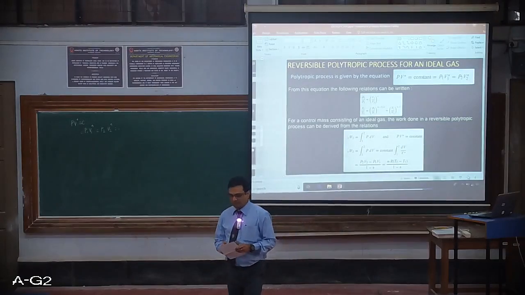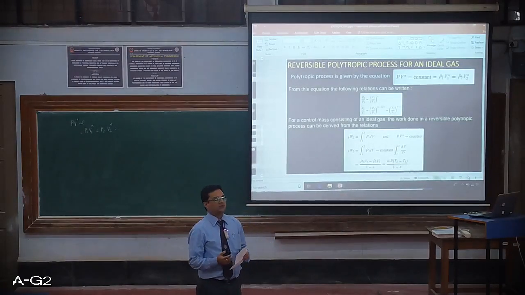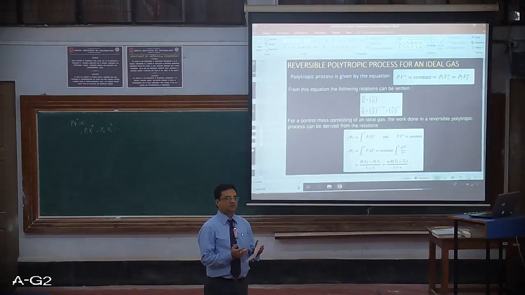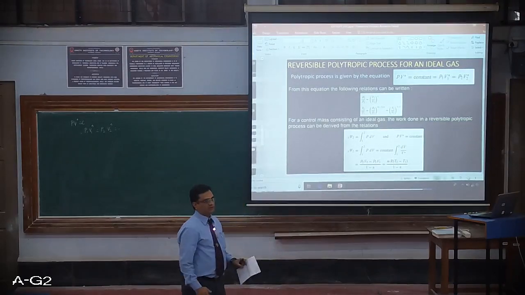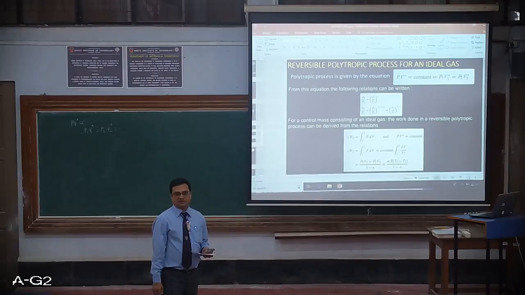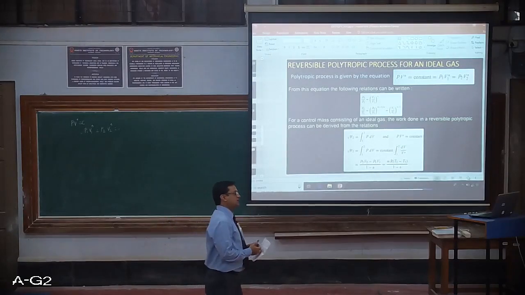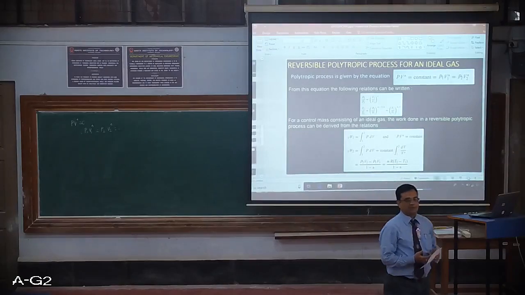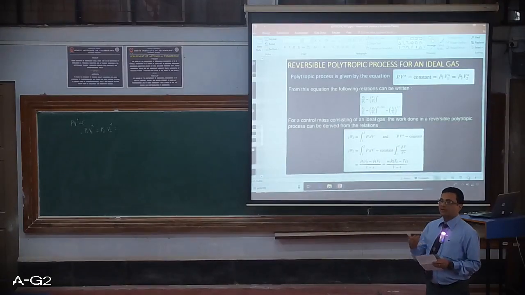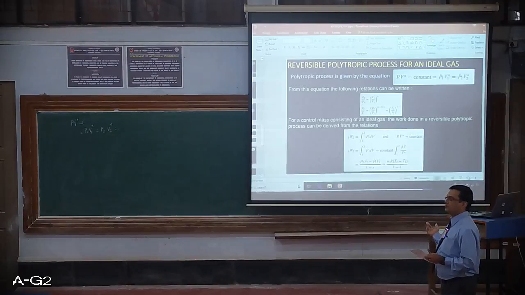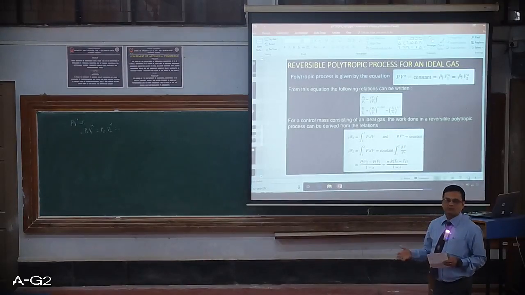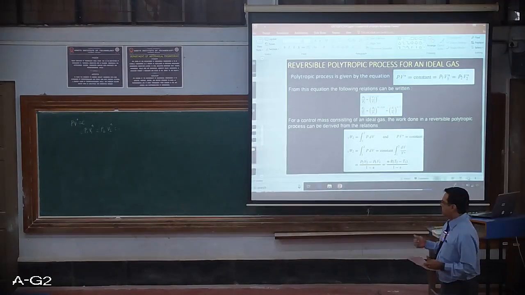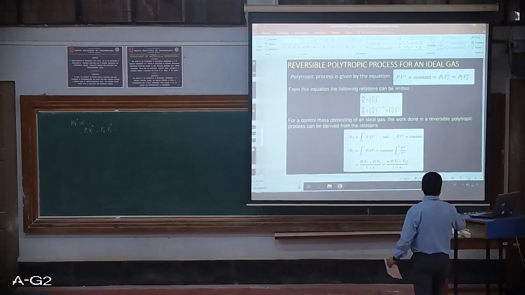This is very important for you to understand, how the relations are to be recalled, substituted and joined, or rather how to develop the equations. No doubt we are not using them in the entropy chapter or in any of the BTD to the extent possible, but definitely when we go to ATD, these are the equations which are used from the first unit to the last unit. So this is very important, and I will be explaining that in detail.